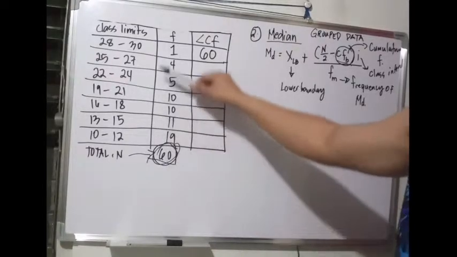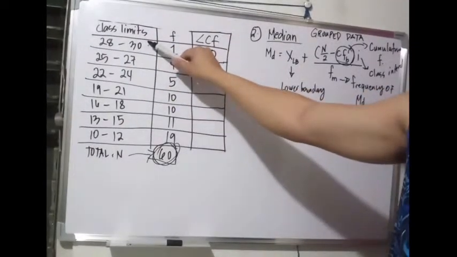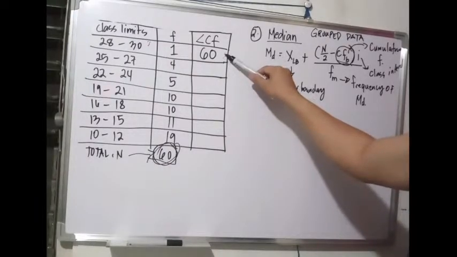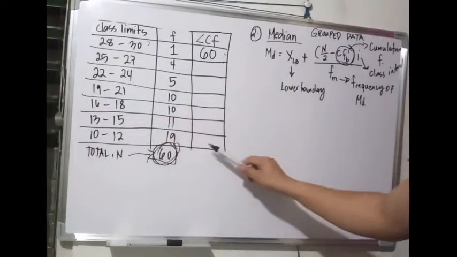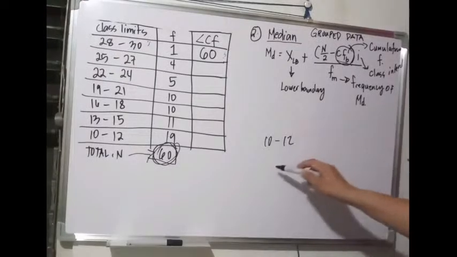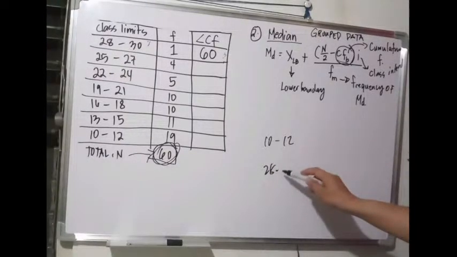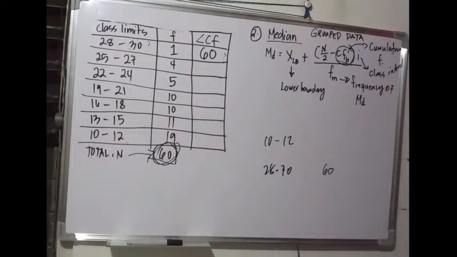Pag ang higher value nandito sa taas, 28 to 30 higher value, so ang 60 dito natin makita sa taas. How about pag ang lower value natin nasa baba? So dito rin ang 60. For example, 10 to 12, then dito yung 28 to 30, so ang cumulative frequency dito natin makita yung 60.